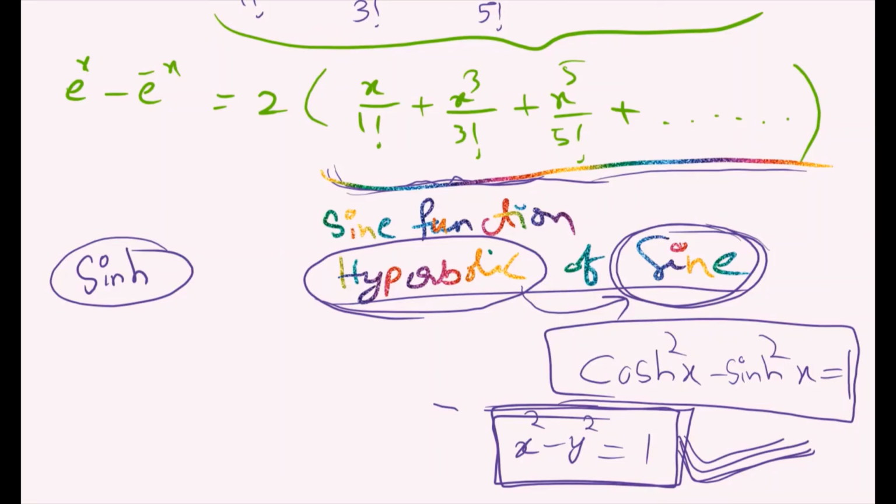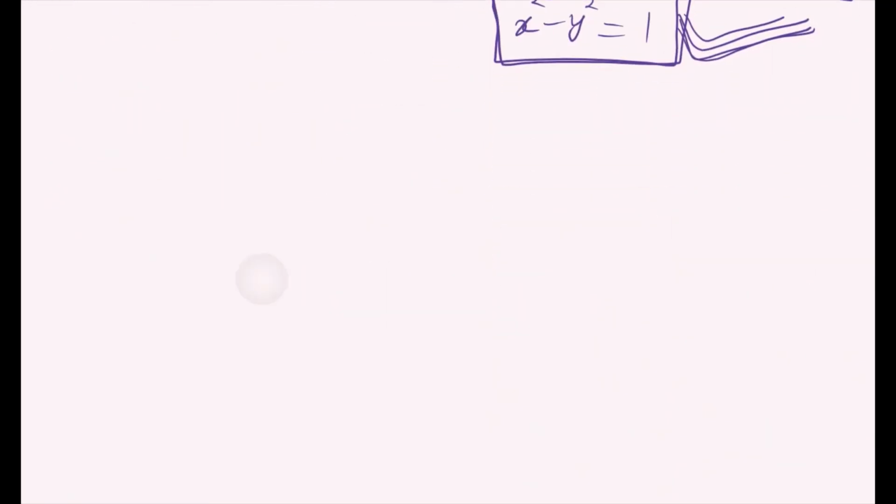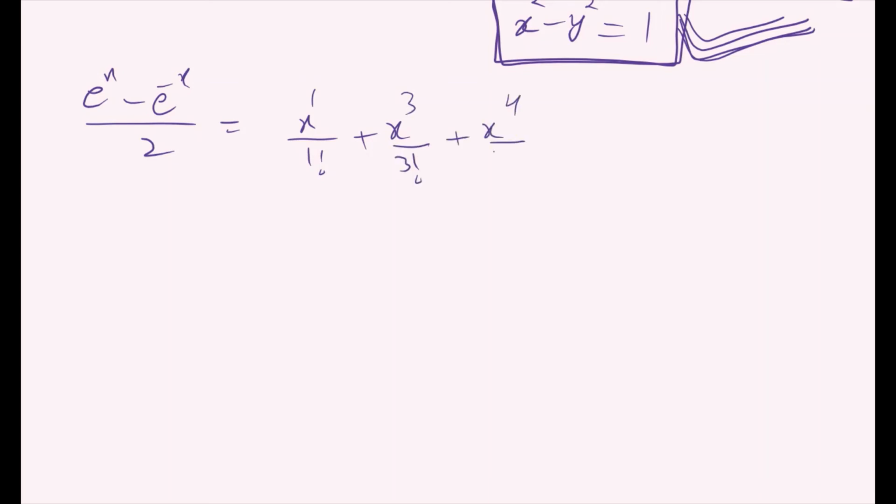Coming back to our expansion here, I should divide this expansion by 2, so it becomes e power x minus e power minus x by 2, which equals x power 1 by 1 factorial plus x power 3 by 3 factorial plus x power 5 by 5 factorial plus x power 7 by 7 factorial, and so on to infinity.